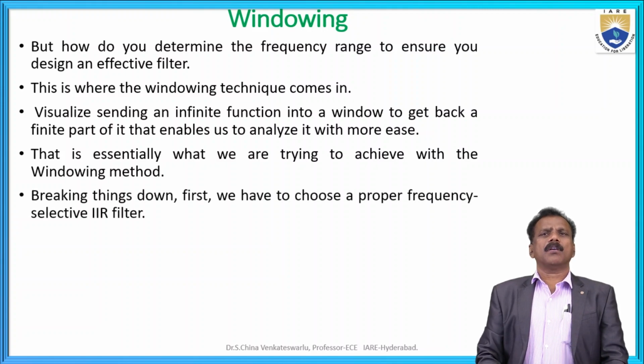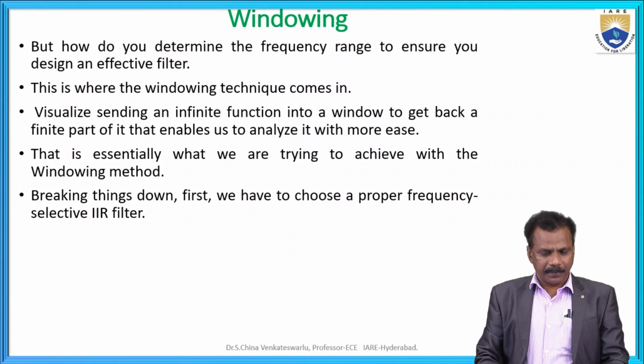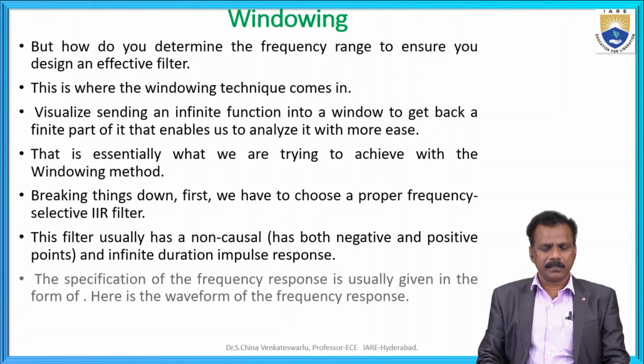Breaking this down, first we have to choose a proper frequency selective IIR filter. This filter usually is non-causal, which means it has both negative and positive points, and an infinite duration impulse response.